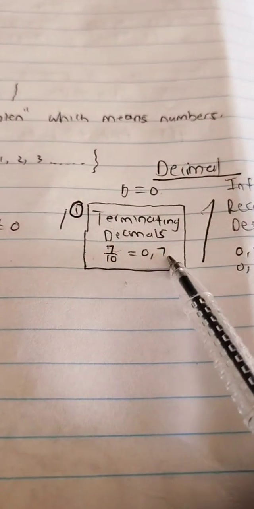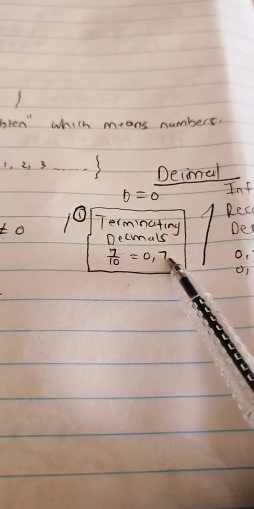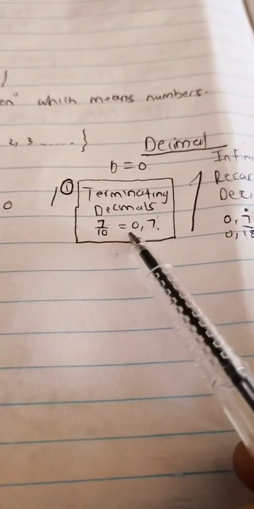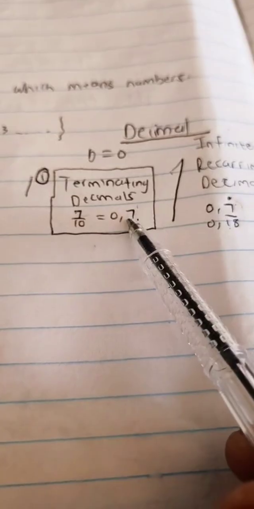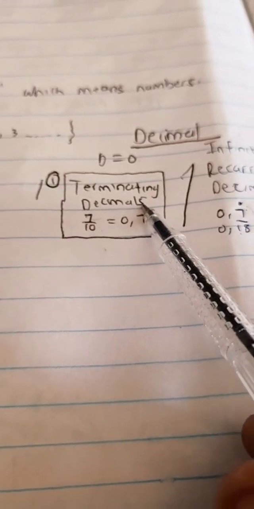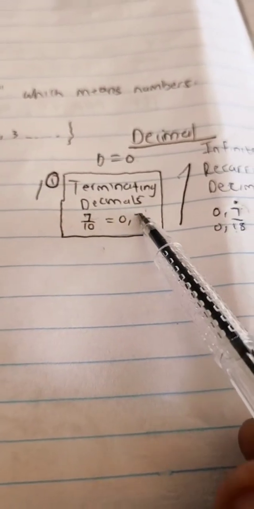In other words, the word terminate means there's a stopping of numbers after the comma at some point. So for instance, with 7/10, there's 0.7. You don't see any more numbers after 7. It means that we stop at 7. That's where we are stopping.